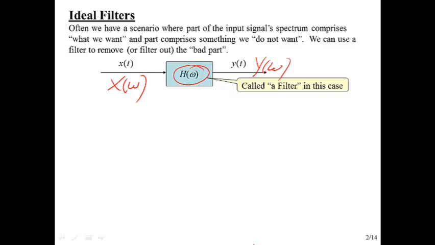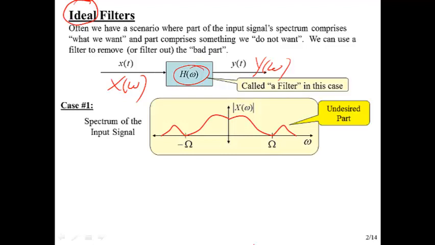Not all systems can be considered to be a filter. And we're trying to find out, ideally, what would we like such a filter to look like. So we're going to look at a few cases, by no means exhaustive, not covering all the cases, but setting up some somewhat idealized scenarios so that we can understand why people are seeking these particular types of filters.